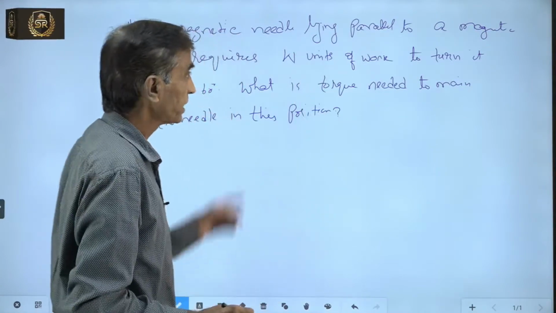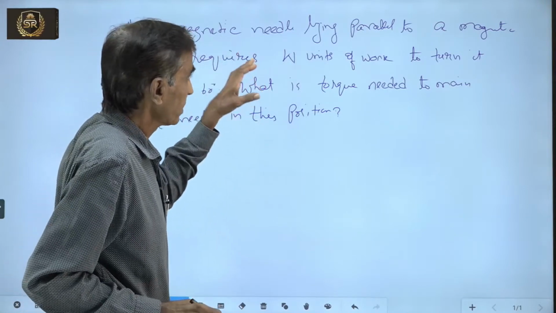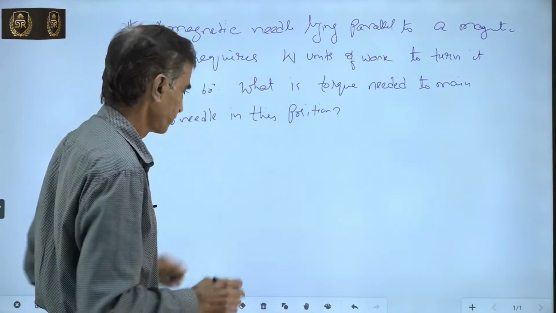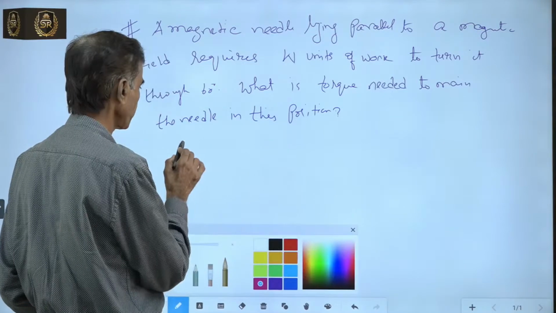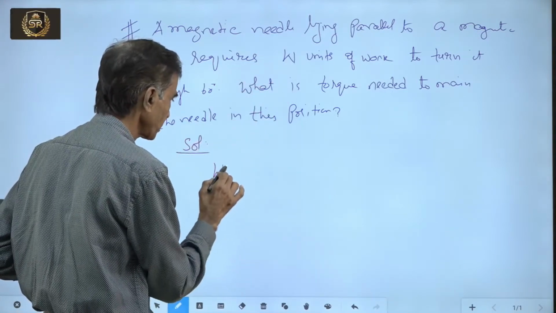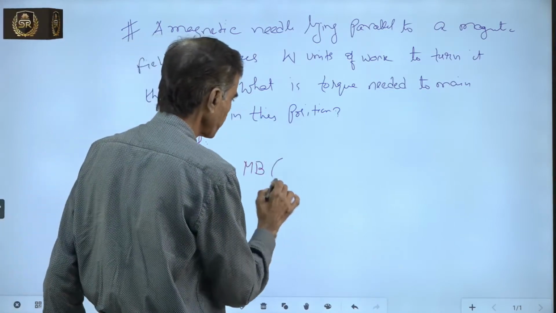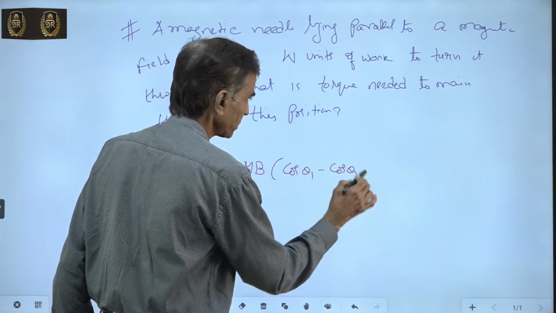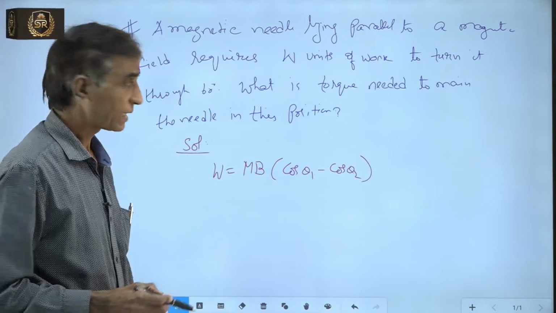Now, first you have to see that first part. First he has given the work W units to turn through 60 degrees, that we will write first. So here, solution: W equal to MB into (cos theta 1 minus cos theta 2). That is our basic formula. Theta 1 is how much?